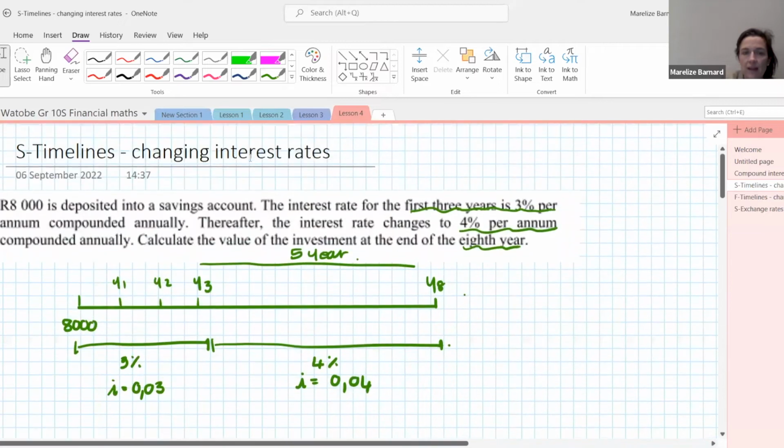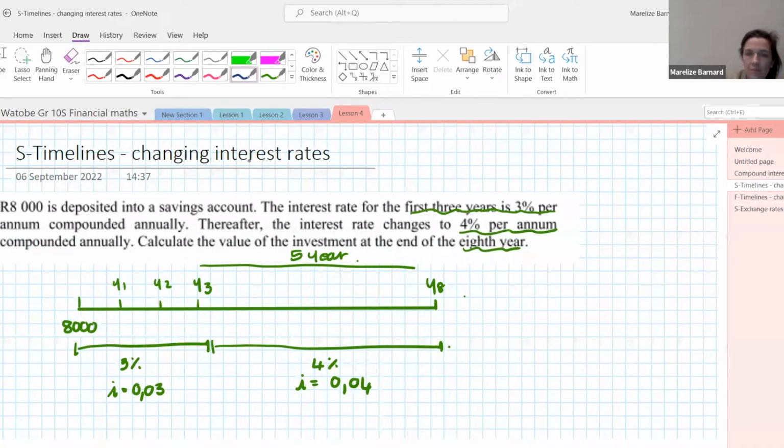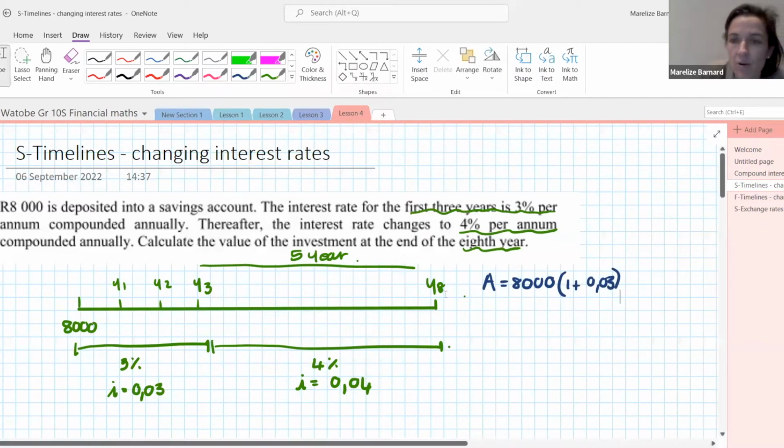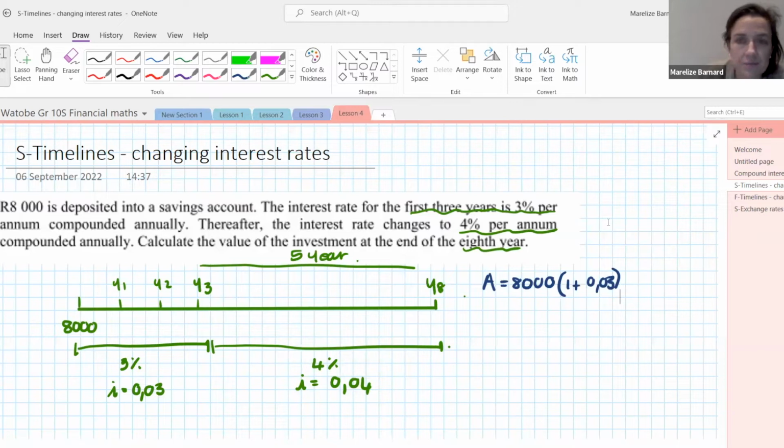Everything's compounded annually, so it's straightforward, no dividing or timesing. And we start off with the 8,000, and we get 0.03 to the power of 3. Just moving things around on the screen a bit.